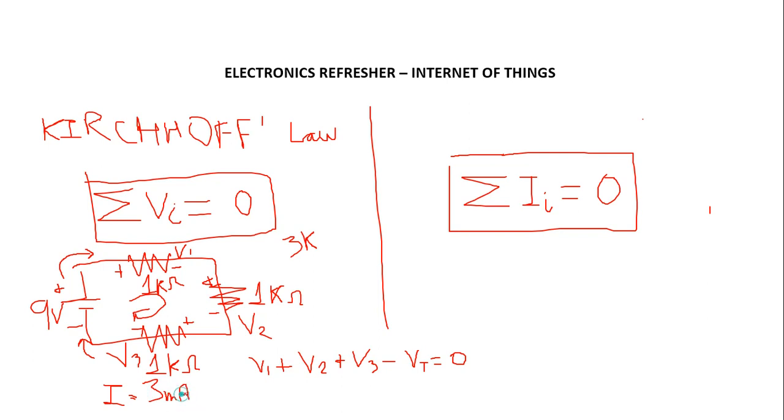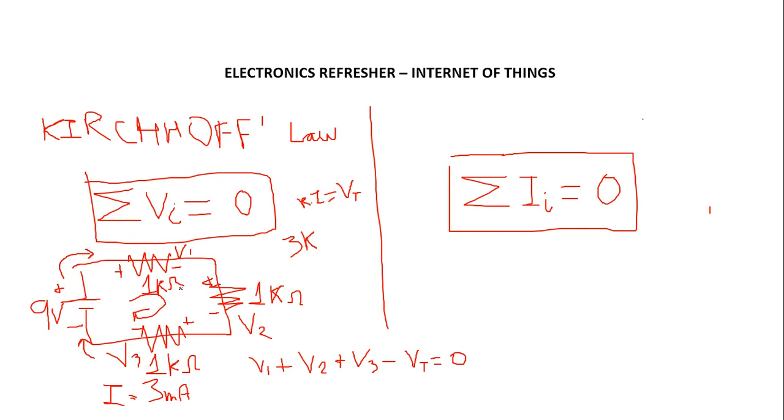You can calculate using Ohm's law that says that resistor times the current is equal to the total voltage.